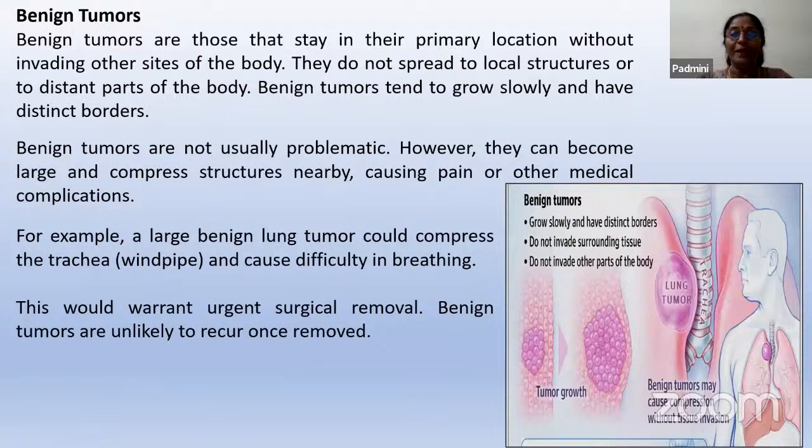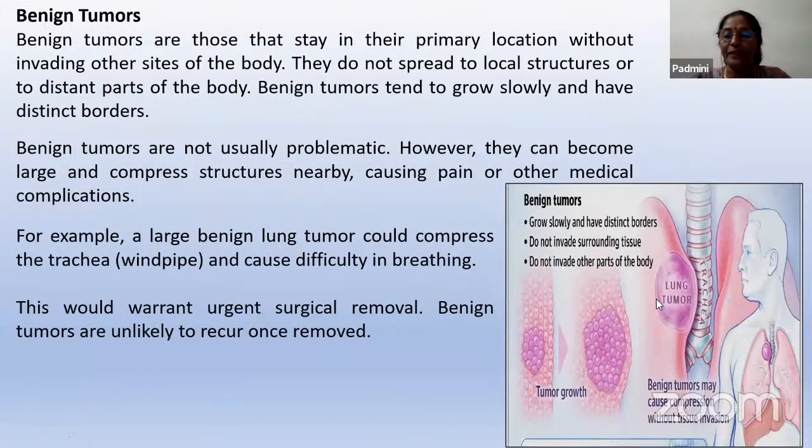Okay, so what do you mean by benign tumors? If you can see in this picture, they stay at a primary location without invading the other parts of the body. They do not spread to local structures or to distant parts because they stay at one particular point. Benign tumors are usually not problematic. However, they can become large and compress structures.